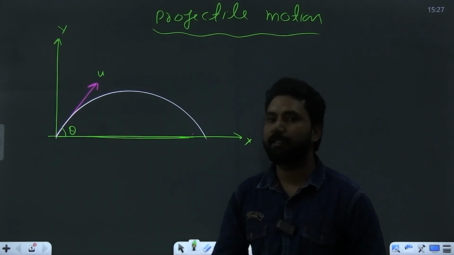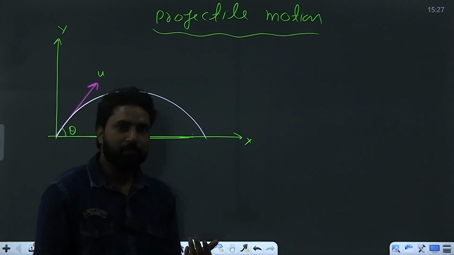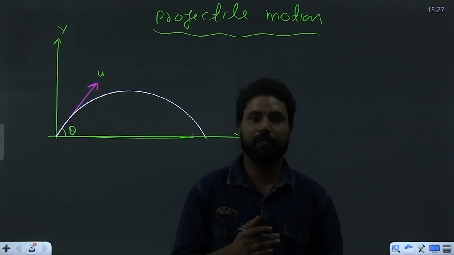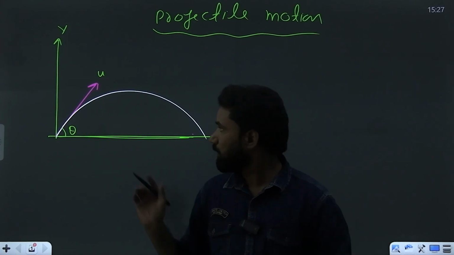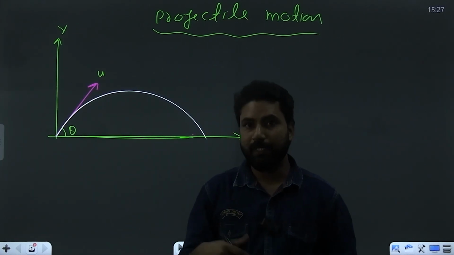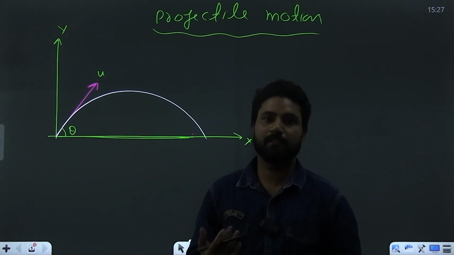This is theta. As we said, to analyze the motion in a plane we have to resolve all the components in two perpendicular directions. Here the parameters are the initial velocity u and the acceleration. Here the acceleration is only the acceleration due to gravity.